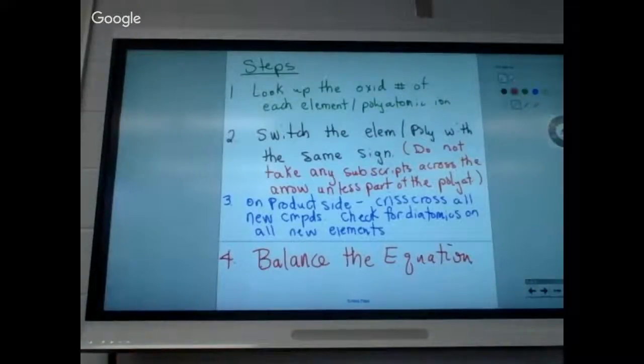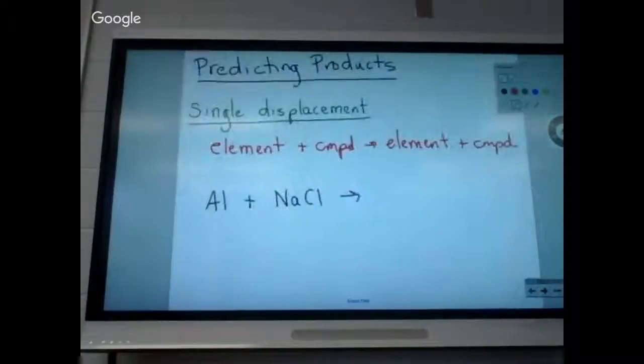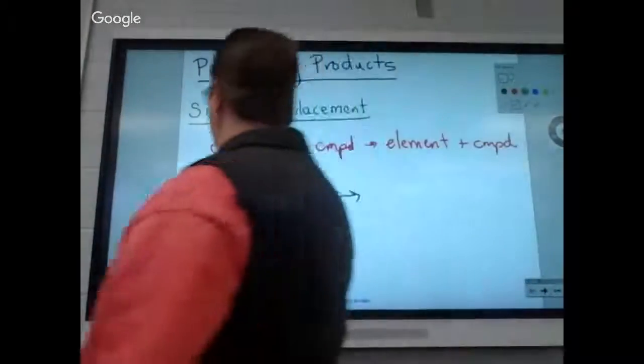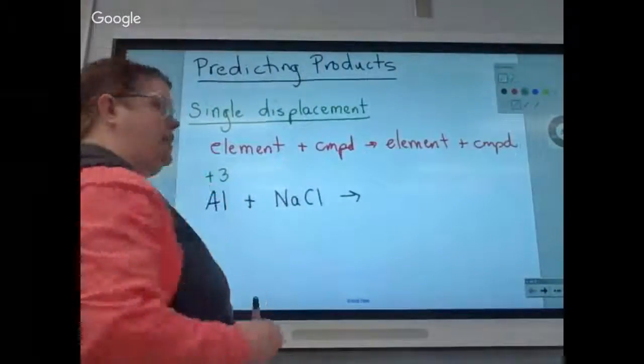Fabulous. All right. So if we go back to the question that we wrote down, look at the oxidation numbers. This one has no polyatomic ions. I picked something that had no random oxidation numbers, so it would be easy. All right, what is aluminum's oxidation number? 3. All right, so positive 3. What is sodium's oxidation number?